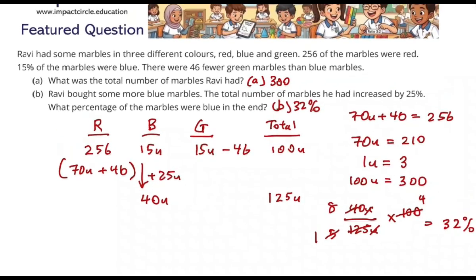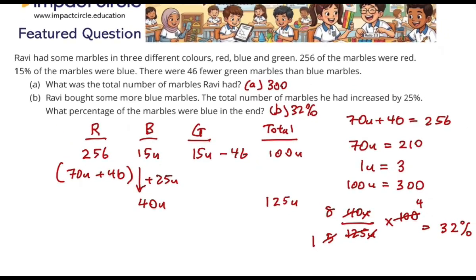Now, it seems like this problem can be easily solved. However, we are told that there is some issue with the problem. So, what is it? If we can find the answer, what is the issue? So, it turns out that because 1U is 3, and we look very closely at the green marbles, 15U minus 46 will give us 15 multiplied by 3, which is 45, minus 46.